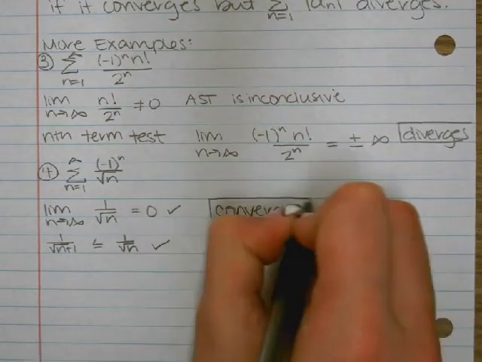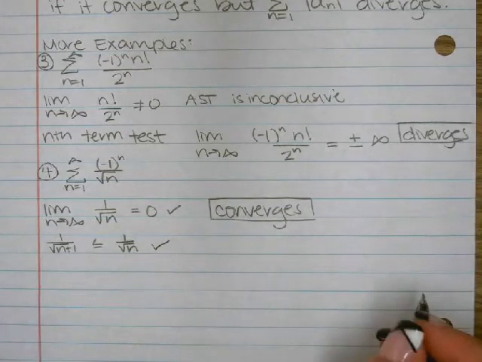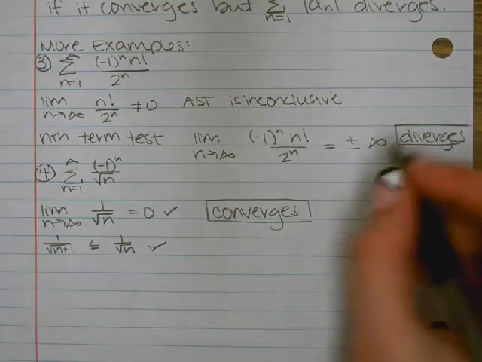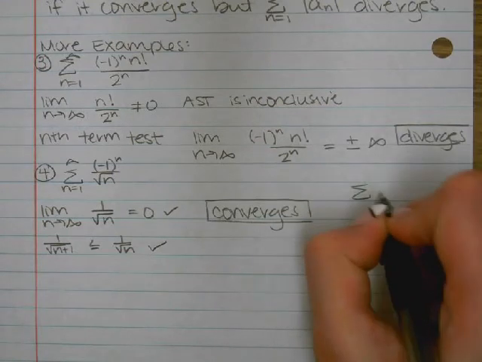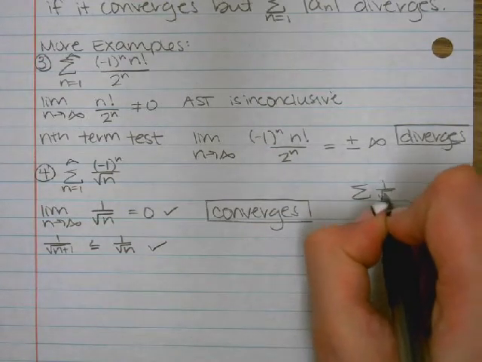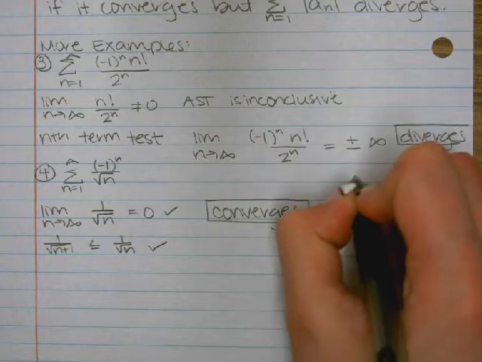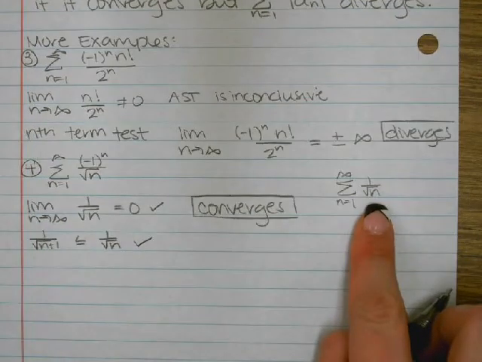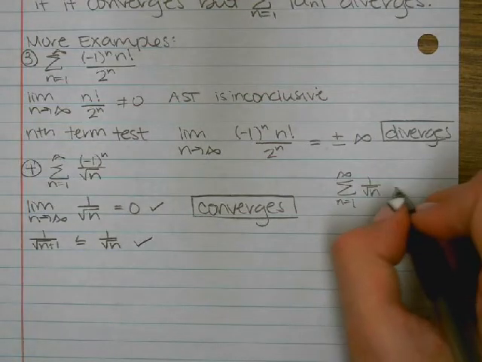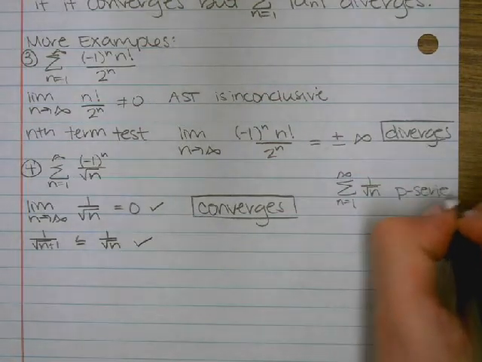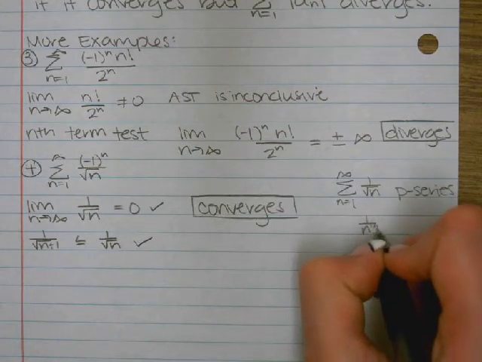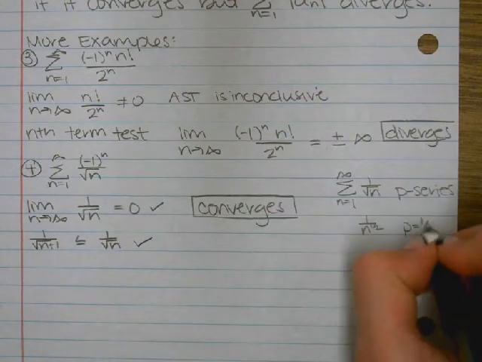And then we have to determine whether it's absolute or whether it's conditional. And we do that by ignoring the alternating series part and just considering the series from n equals 1 to infinity of 1 over the square root of n. And if you look at this, you might recognize that this is a p-series. We could rewrite this as 1 over n^(1/2), so the p-value there is 1/2.